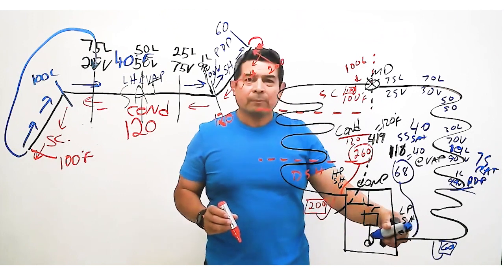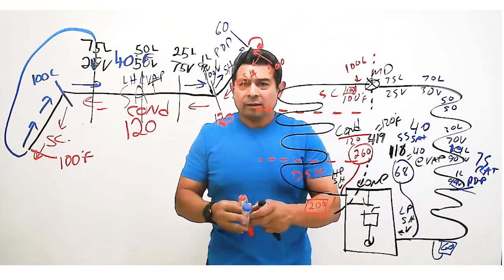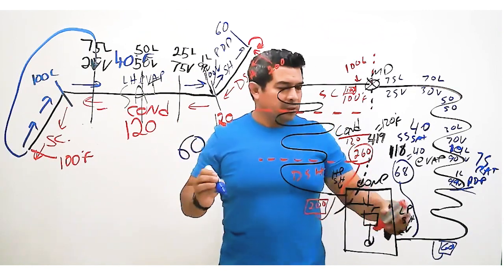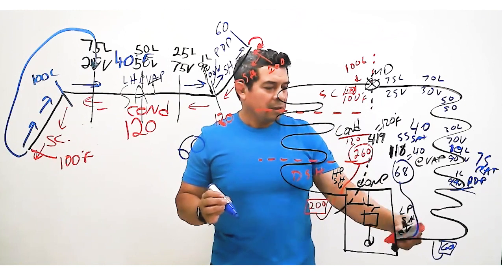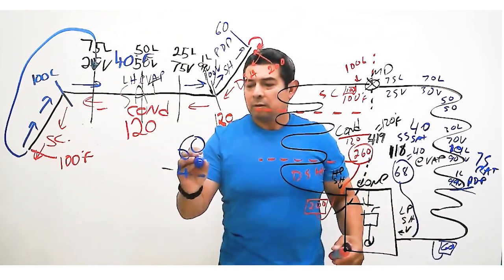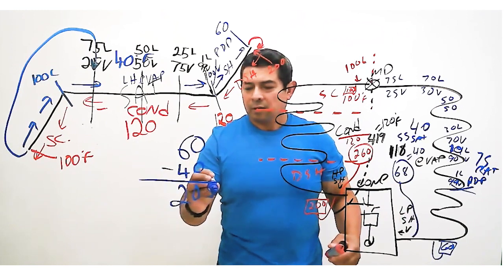We take the actual temperature reading here, we know that it's coming out at 60. So that means that we have 60 degrees coming into my compressor, minus the 40. That gives me 20 degrees of superheat.